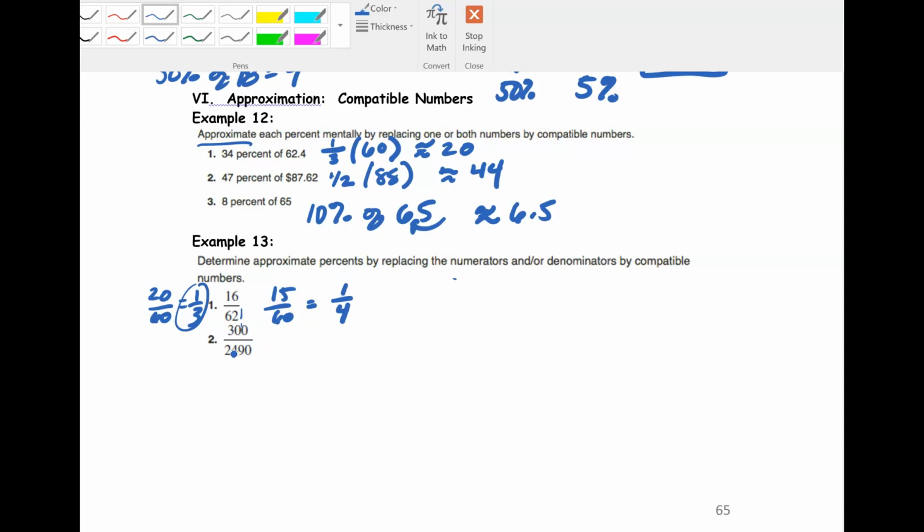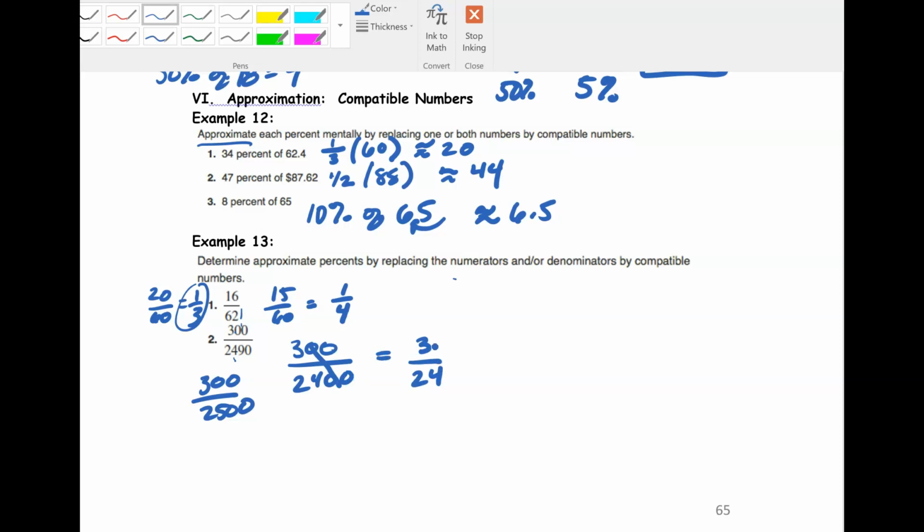This one, I know 3 goes into 24, but it doesn't go into 2490. So you could do 300 divided by 2400, or you could also do 300 divided by 2500. That would work too. And then you could simplify by just doing 3 over 24.